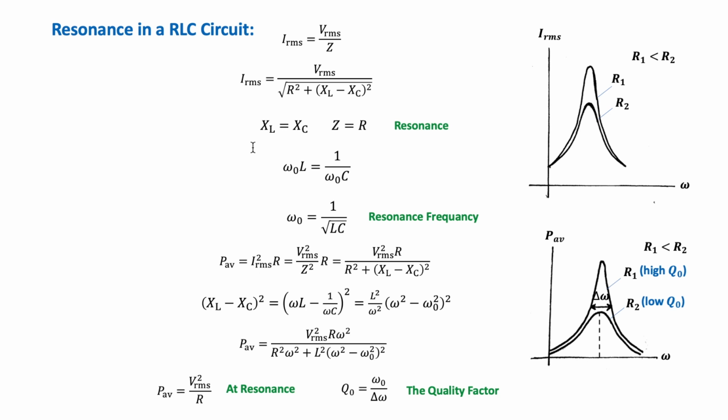The current is maximum if XL is equal to XC, which is if Z is equal to R. The frequency omega naught at which this occurs is known as the resonance frequency of the circuit. We can find it by substituting for XL and XC, and we get this resonance frequency.